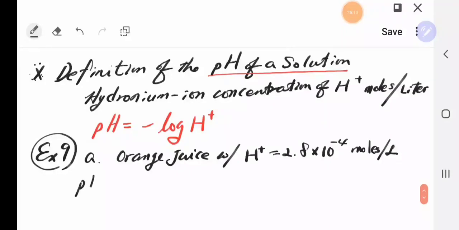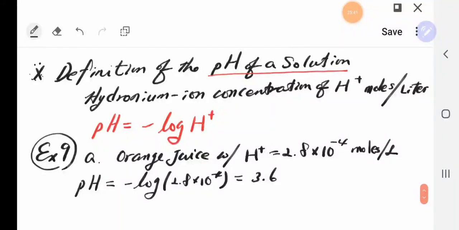So the pH of the orange juice is negative logarithm of H plus. The amount of H plus is 2.8 times 10 to the negative 4 moles per liter. In this case we have to use a calculator, and it shows something like 3.6.